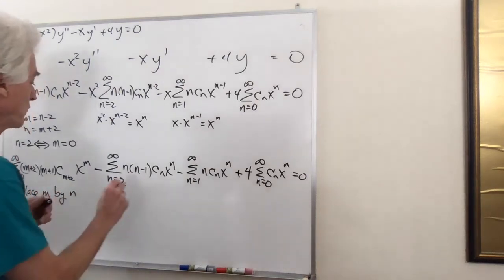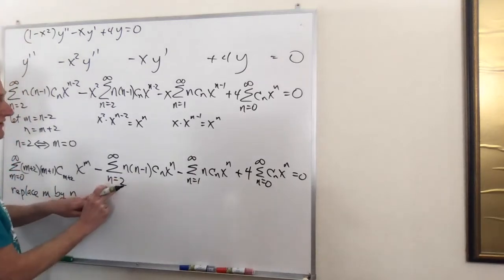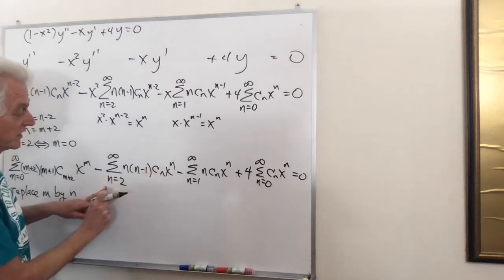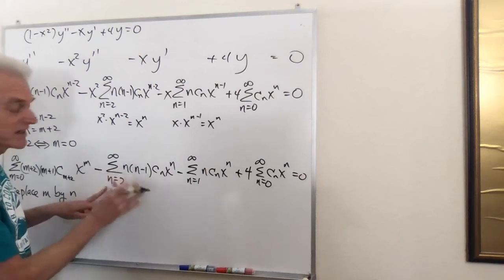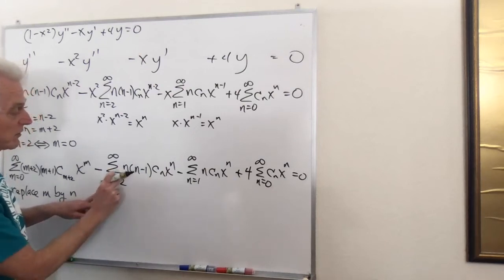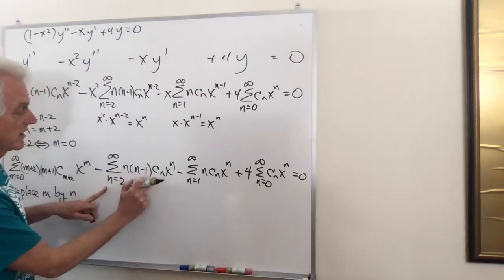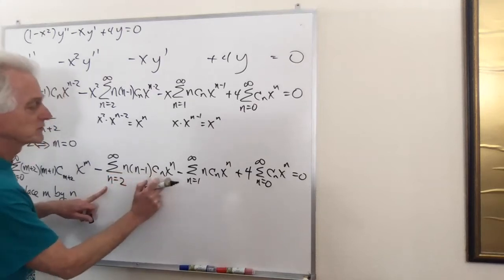And what am I going to do over here? I notice that if I start with n equals 0 to infinity, everything gives me exactly the same sum. Because when n equals 0, because of that factor, I get 0 times negative 1 times c sub 0 times x to the 0. And then when n equals 1, I get 1 times 0 times c sub 1 times x to the 1.